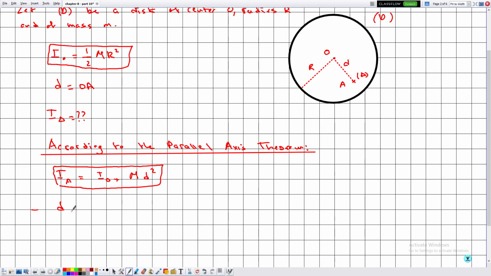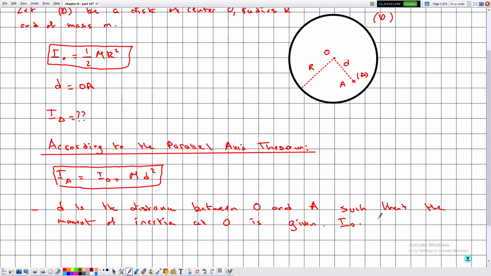So d is the distance between O and A, such that the moment of inertia at O is given, which is I0.